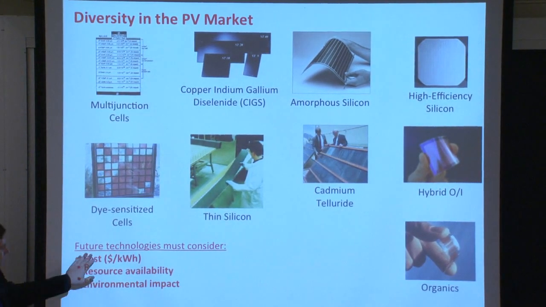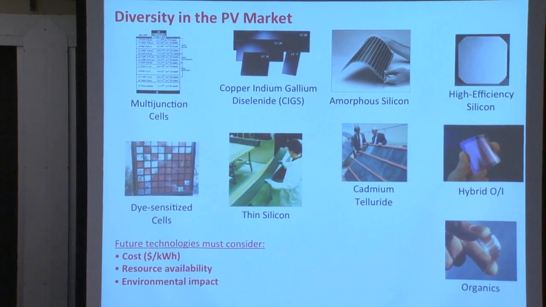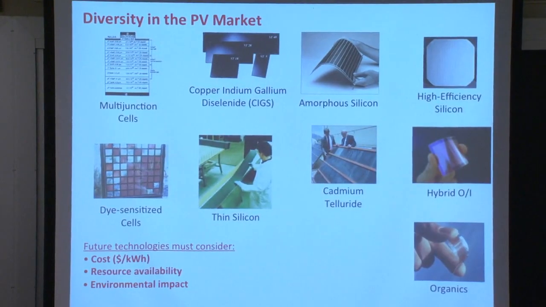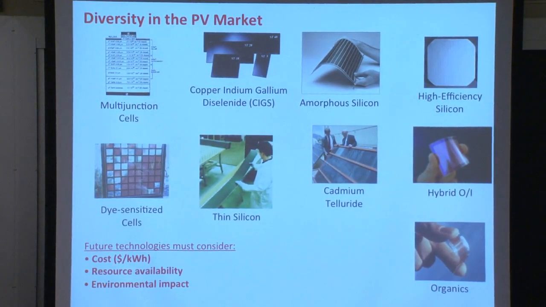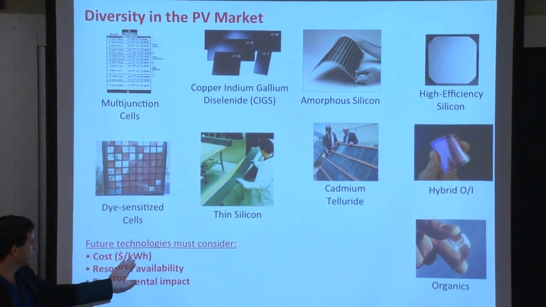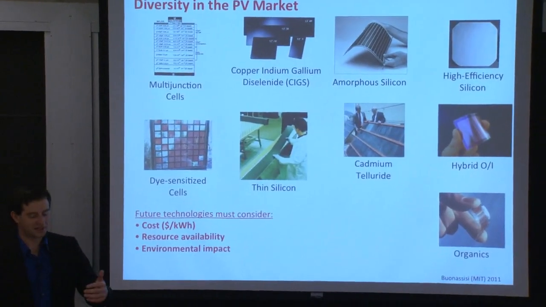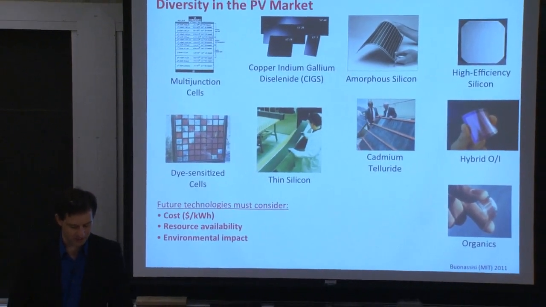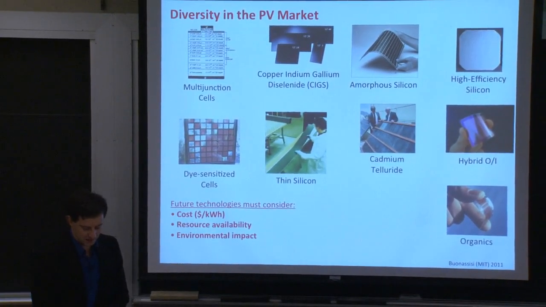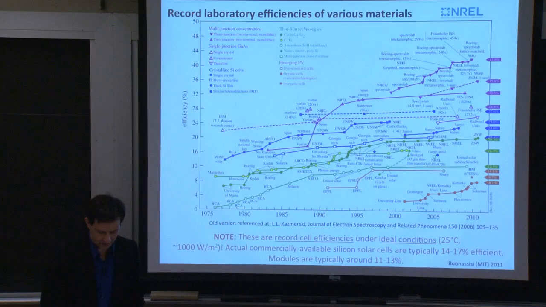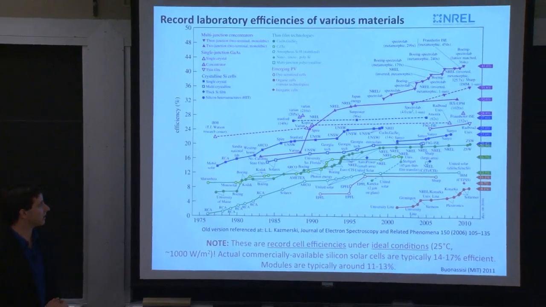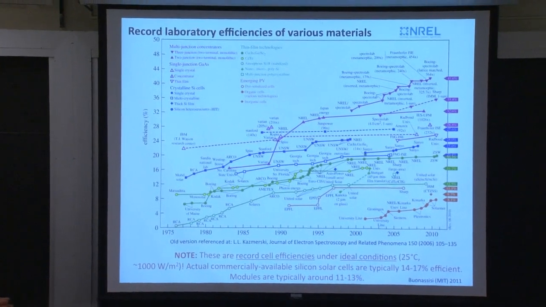And all of these technologies have to consider cost, resource availability, and eventually environmental impact as well. So these are some of the things that I'd like you to keep on the forefront of your mind as we talk about these different technologies. Think about the broader picture, and ultimately this cost, or the amount of money per unit energy produced, is really paramount in determining marketability, in determining the scale to which they'll penetrate the market.